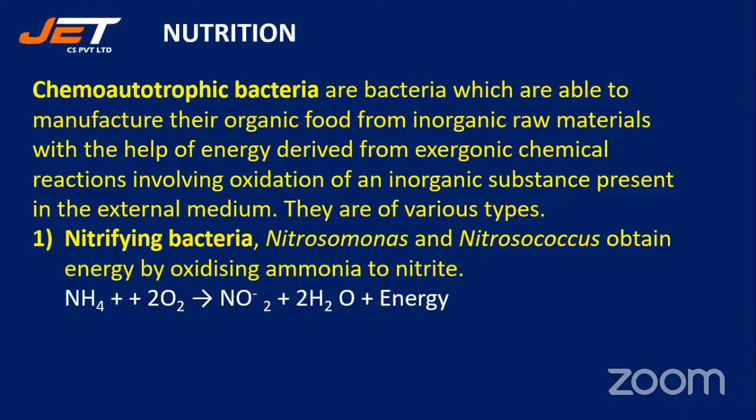Okay. So what are the chemoautotrophic bacteria? They can produce their organic food from inorganic raw material with the help of energy. And where does this energy come from? This energy comes from different kinds of reactions. Like nitrifying bacteria.